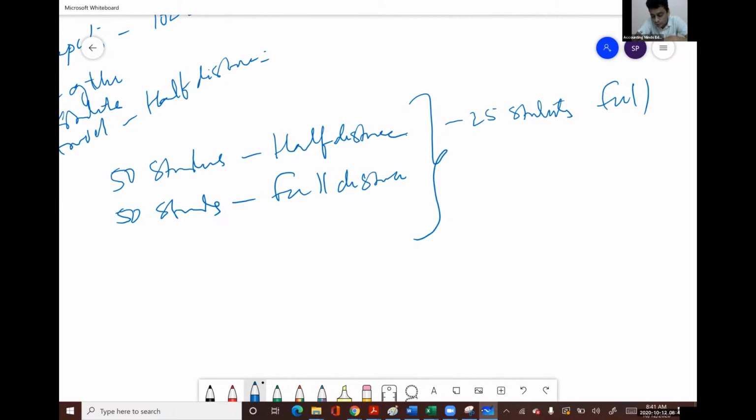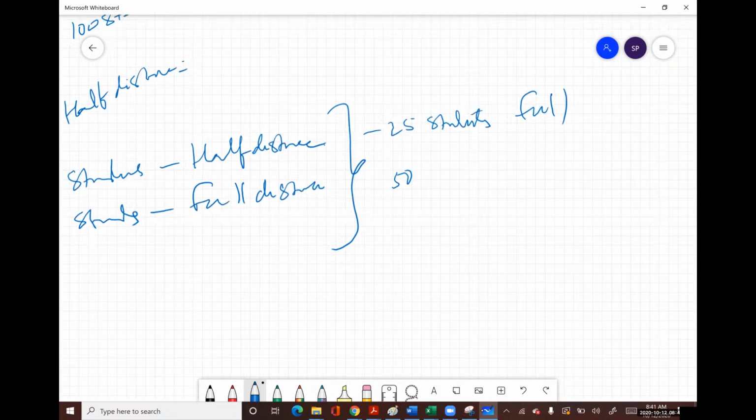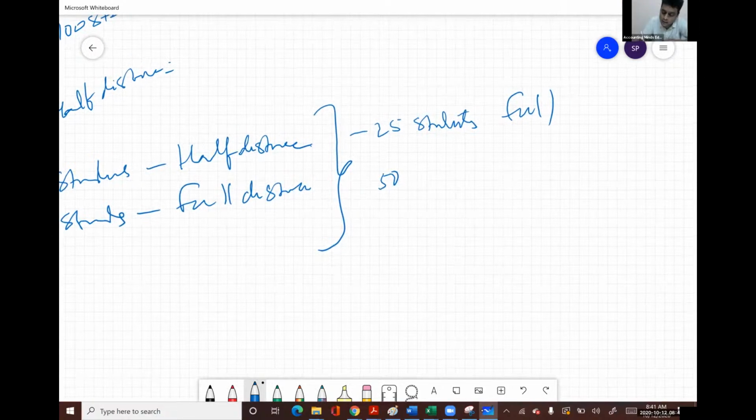So this half, that means what? 2 we converted into 1. So 50 half we converted into 25 full. That is the logic. And the remaining 50 are 50 as it is. So this is 50 students full as it is, no change.